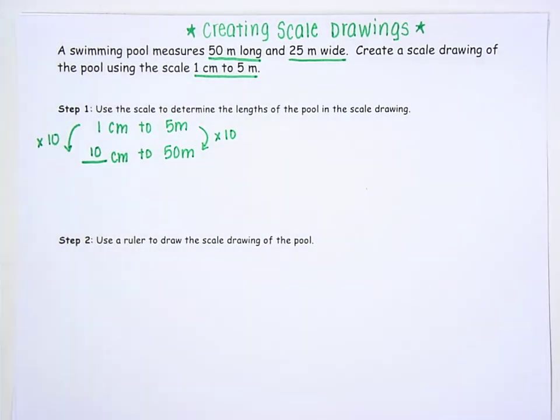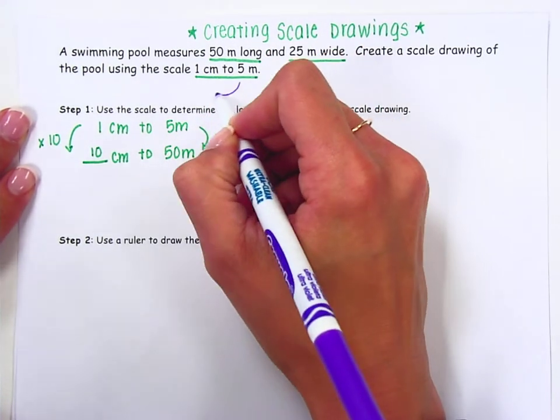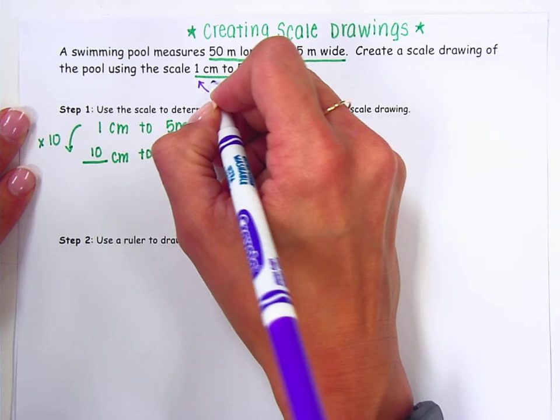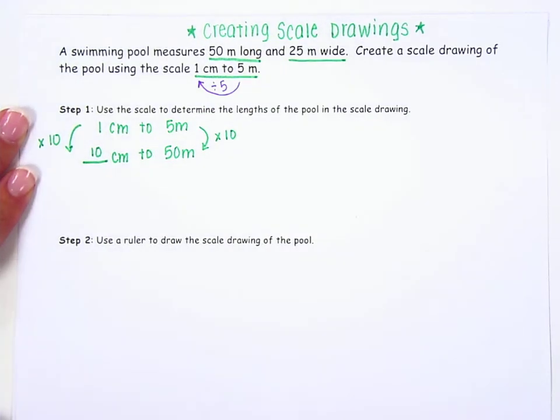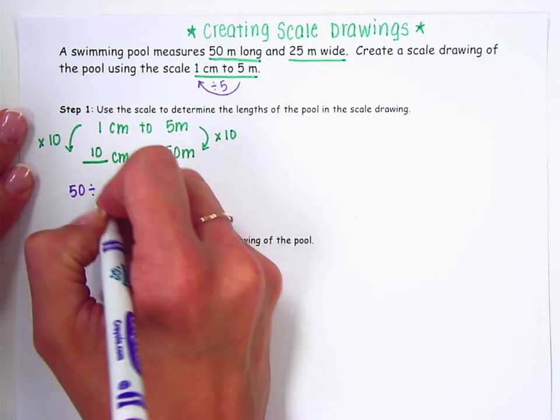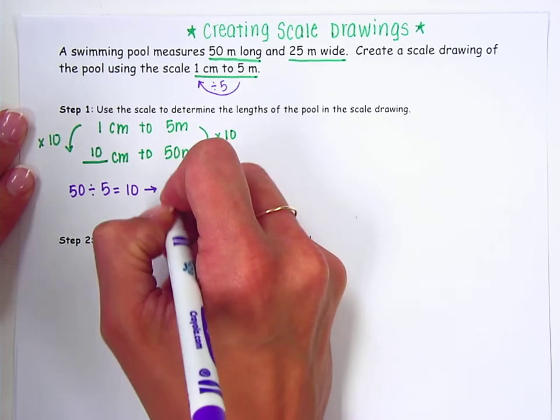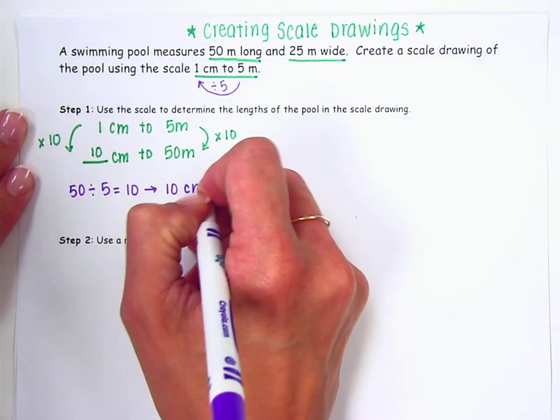I can also look at this because I know that going from meters to centimeters, my meters number is being divided by 5 to get my centimeters number. So I can think 50 meters divided by 5 is equal to 10, so my drawing distance must be 10 centimeters.